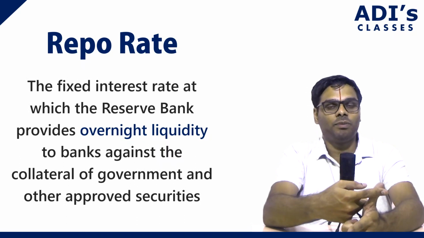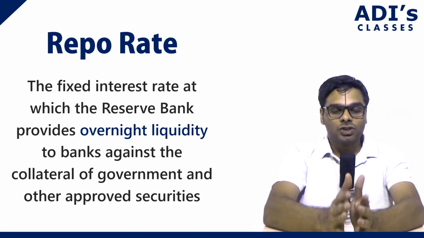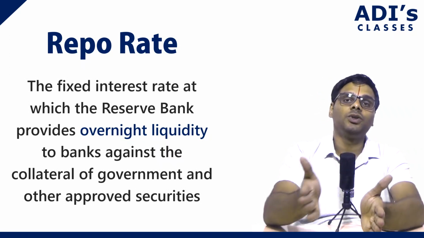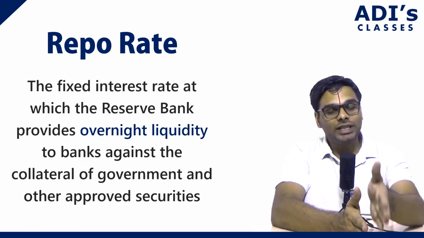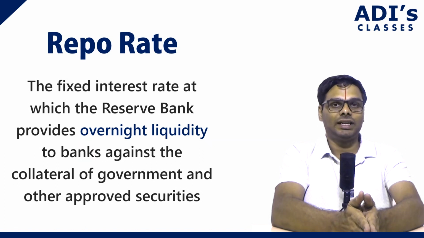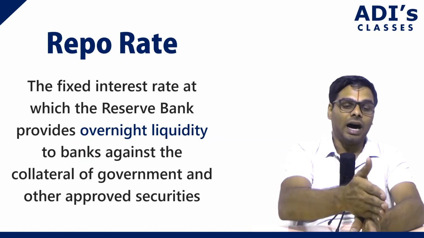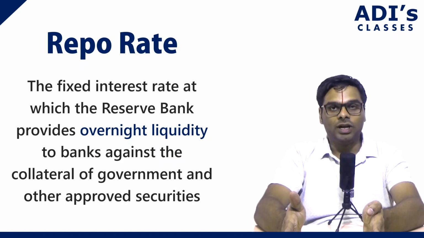It can be government bonds or other government approved securities. So the banks have to give these securities to the RBI, and on the basis of them, the RBI will extend a loan overnight to these banks.